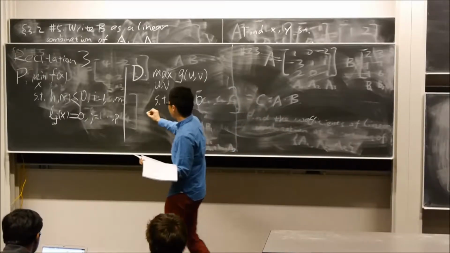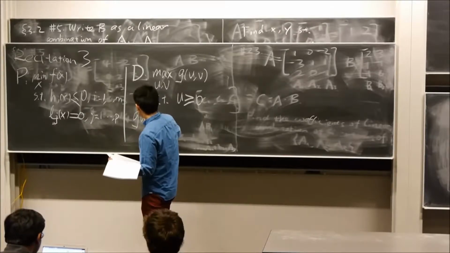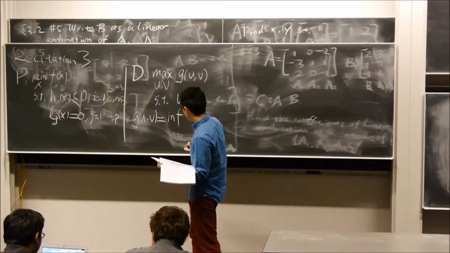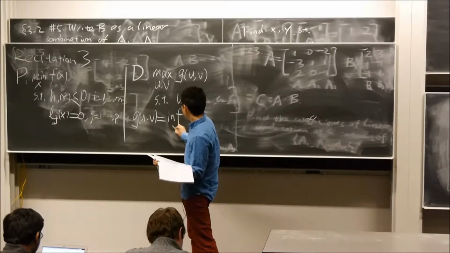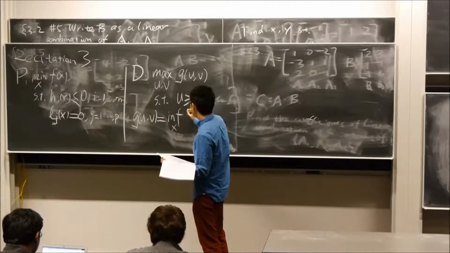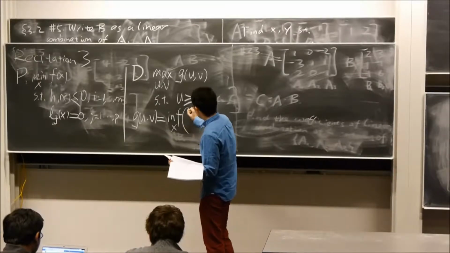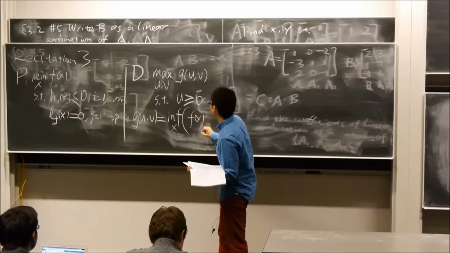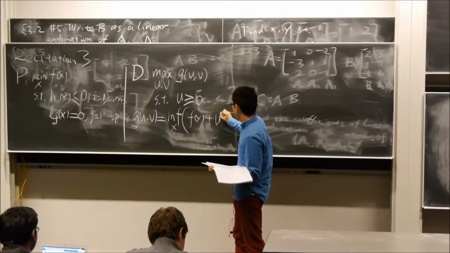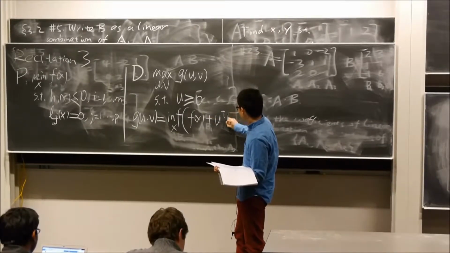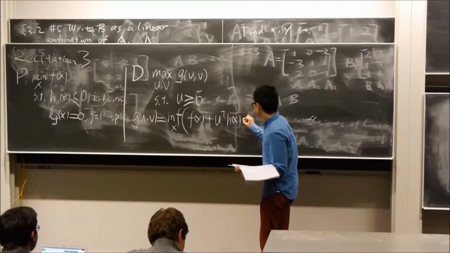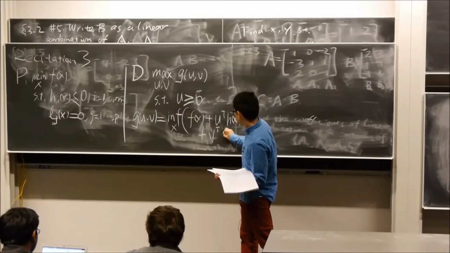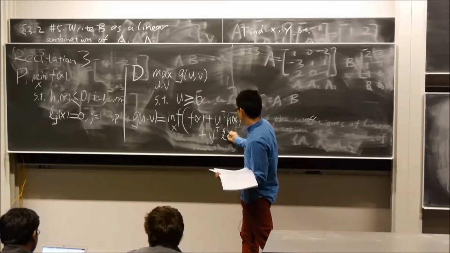The definition of g is like this. It is an infimum over all x of the Lagrangian function, which is just the primal f(x) plus the dual variable u transpose h(x) plus v transpose l(x).